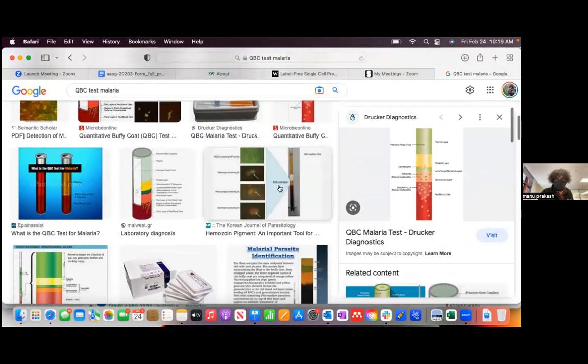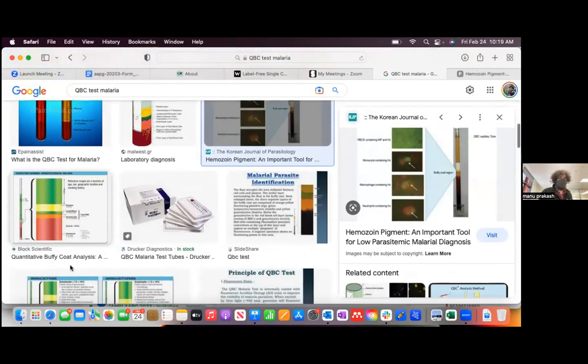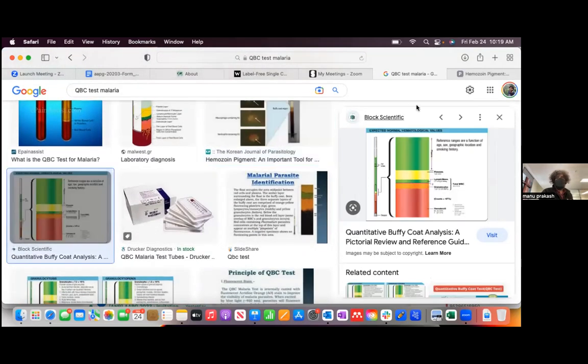So this is an actual picture. Because there are multiple components of blood, if you could separate them, you would have a better chance of actually detecting and finding what you were looking for.